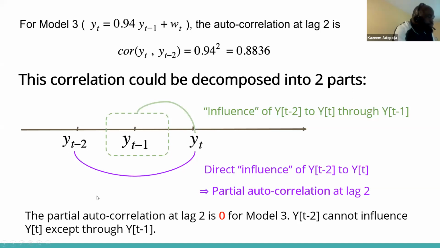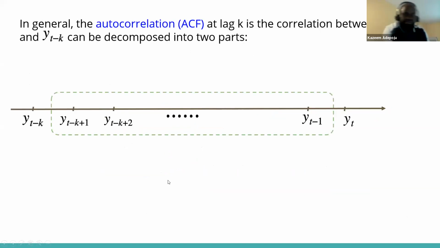If that is the case, then I now want to go general. In general, the autocorrelation function, the ACF at lag K, is the correlation between yt and yt minus K, at K distance apart.